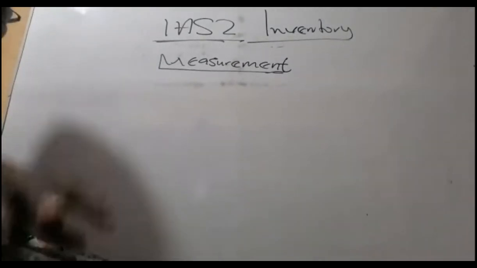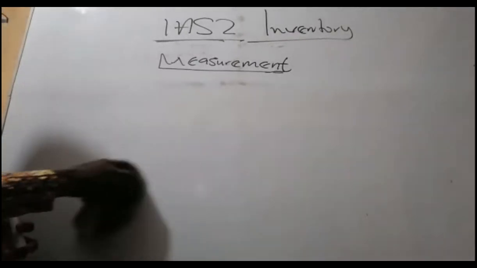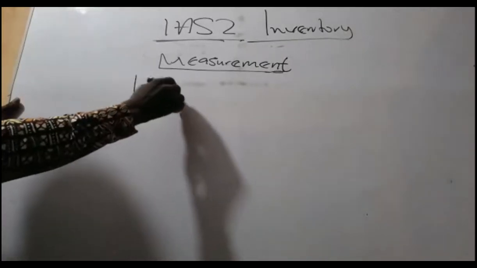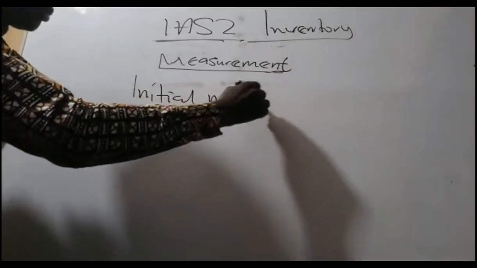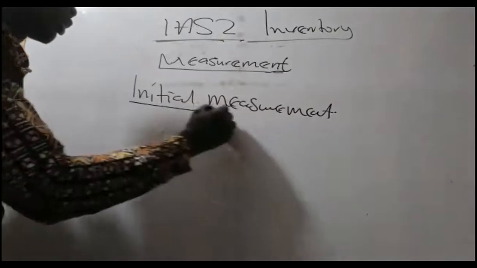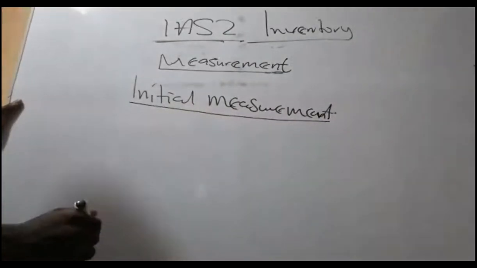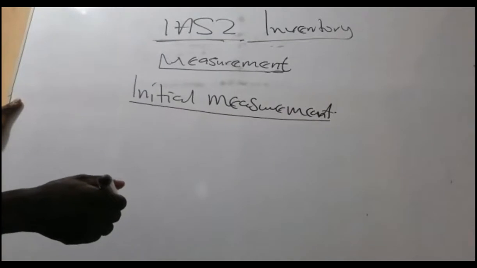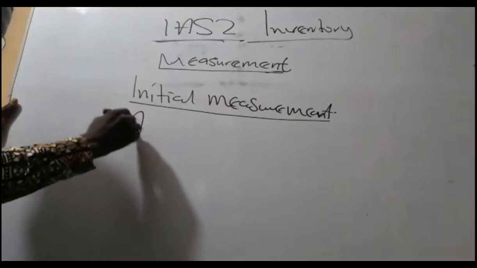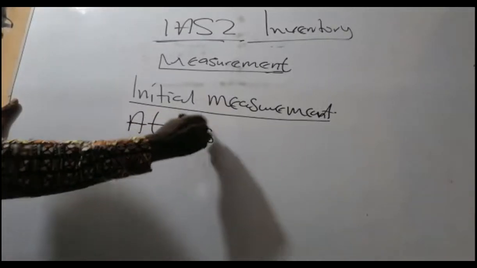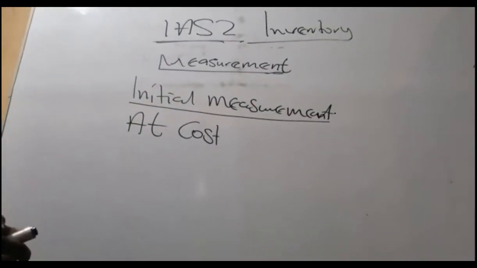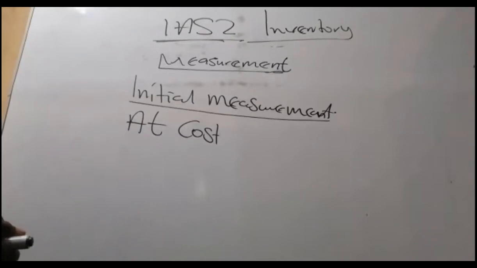This gives rise to two measurement bases. We have initial measurement of inventory. Initially, inventory must be measured at cost, meaning the cost of the inventory.